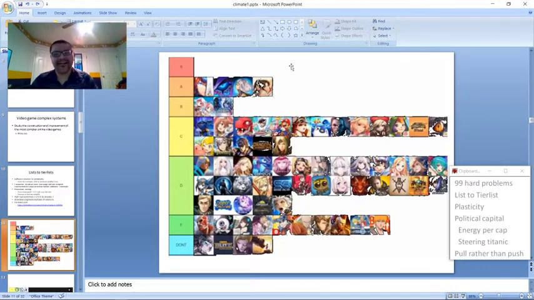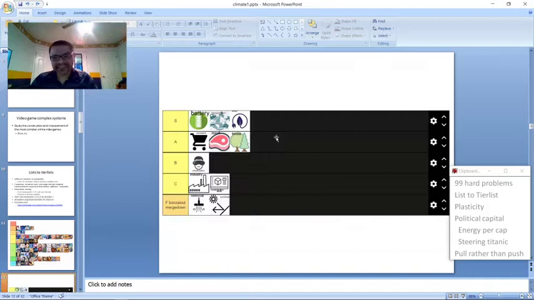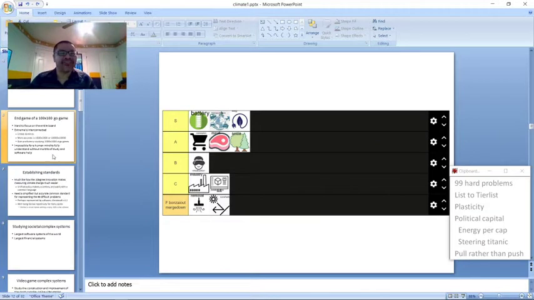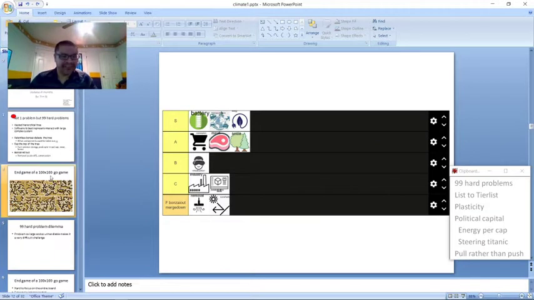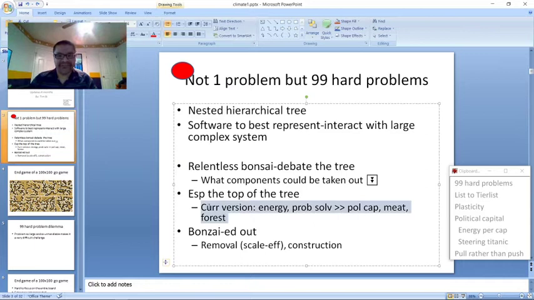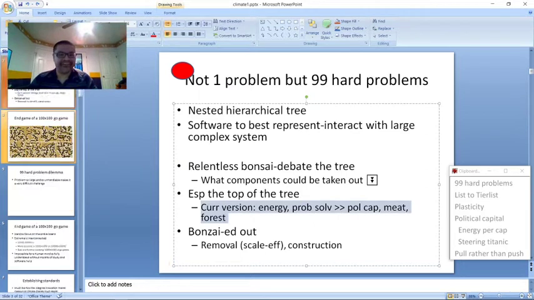This is a mature tier list about mobile games. And this is a possible tier list about the top portion of the tree of climate change.